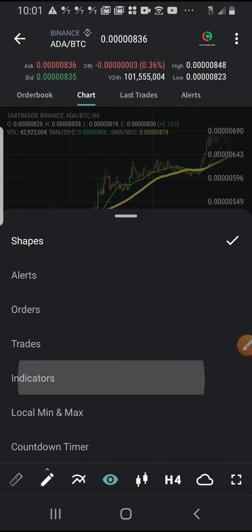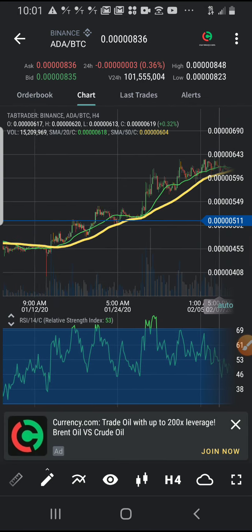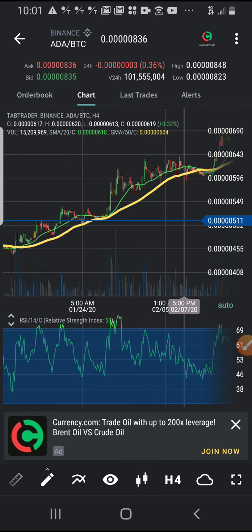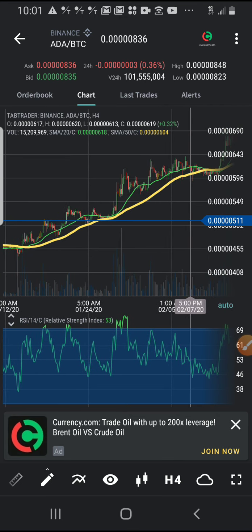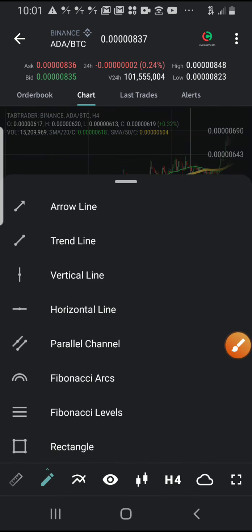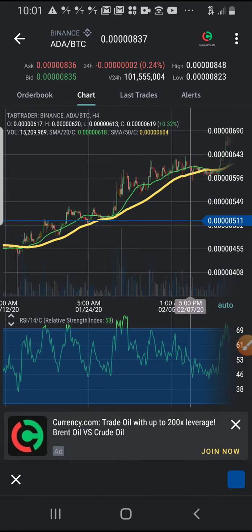Let's enable some indicators so we can actually see what we're talking about. So what we are going to do is click on this here. When we click on it, we are going to see our Fibonacci levels. We click on Fibonacci levels.